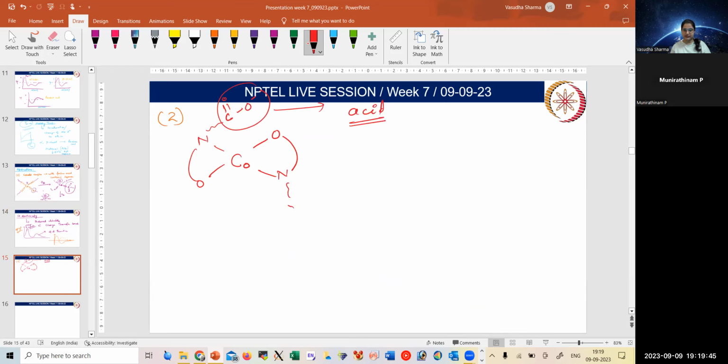Carboxylic acid would be there. So any amino acid would have COOH, NH2, R group, and H group. These are connected to each other, so the chiral center would be there, that's why the wavy nature has been formed. Some CH2 or C molecule would be there and carboxylate present over there.